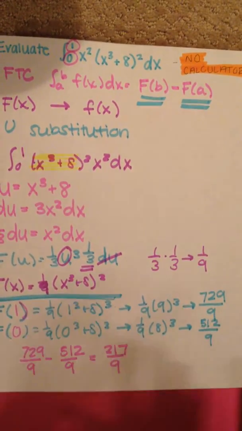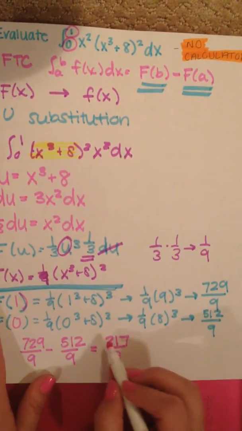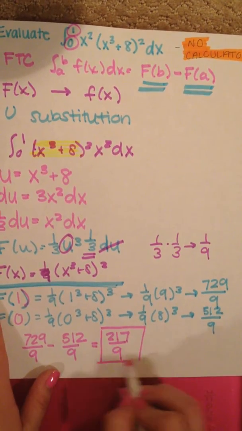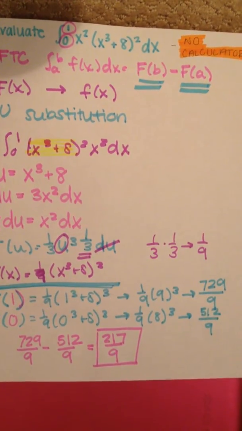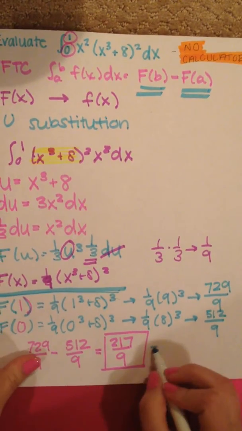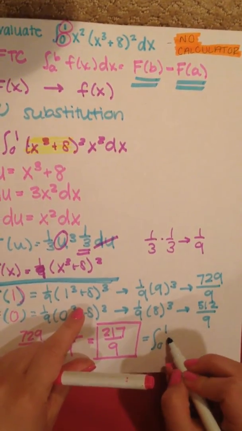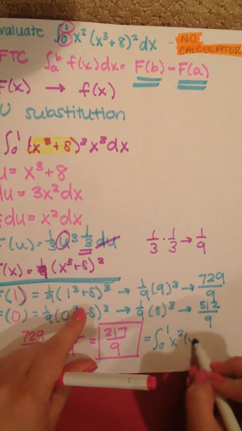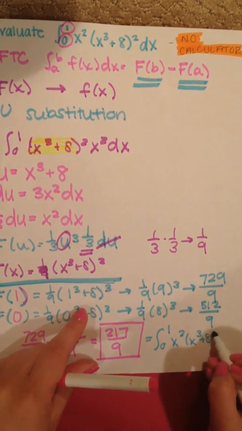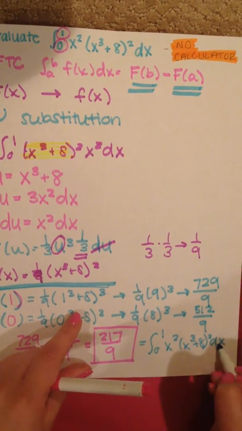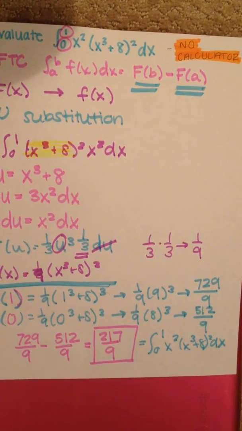And it doesn't simplify anymore. It's an exact value, so you're just going to leave it like that as your answer. And this is equal to the integral from 0 to 1 of x squared times (x cubed plus 8) squared dx. And this is a proper way to write it. So that's what you would do, and it's pretty simple.